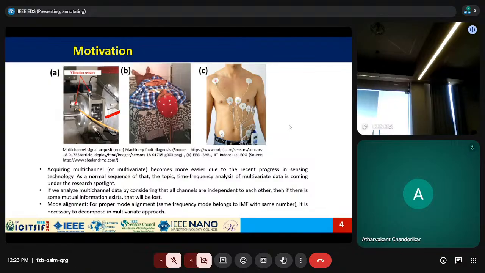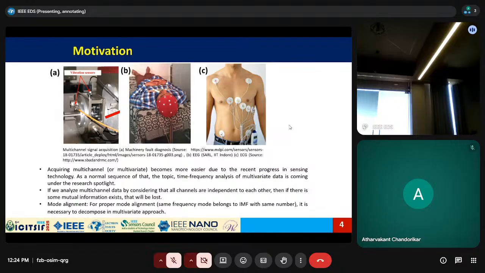In all these scenarios, if you process the data channel-wise individually, then you ignore the correlation between the channels and also the mutual information between the channels. There is another reason. In the previous slide you might have seen adaptive signal decomposition approaches, data-driven techniques, where we have algorithms to decompose the data.